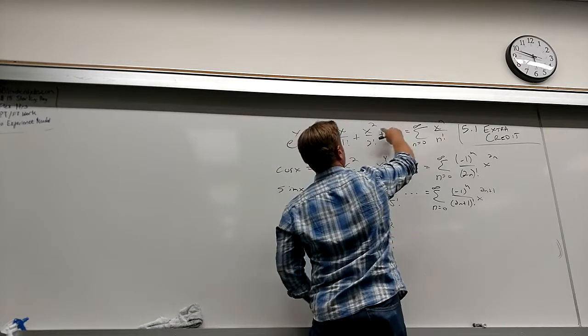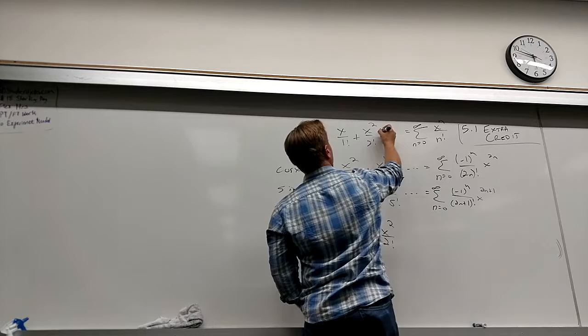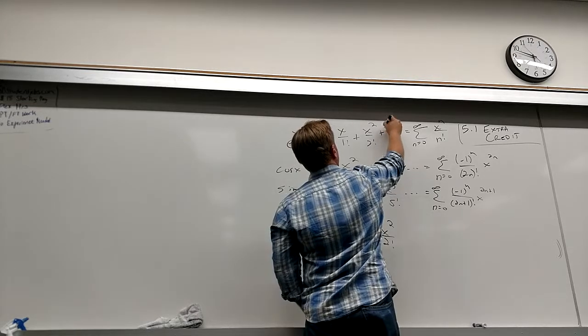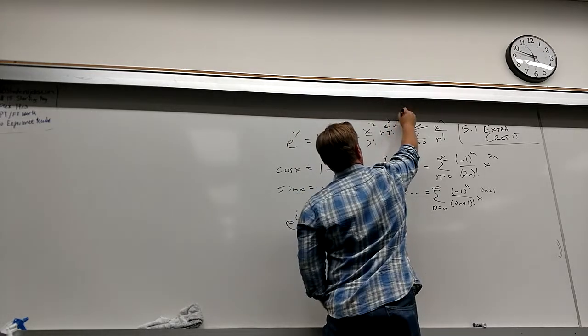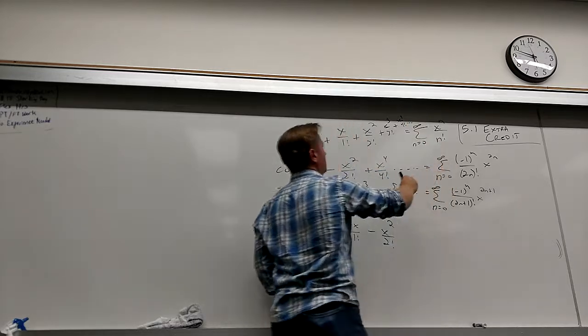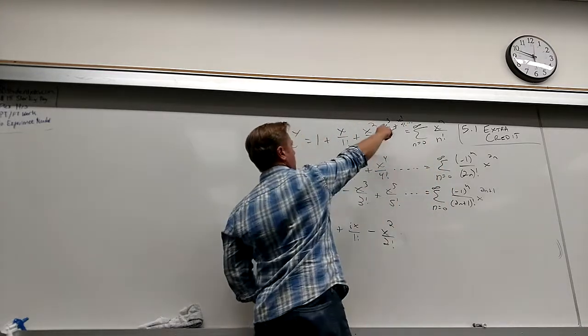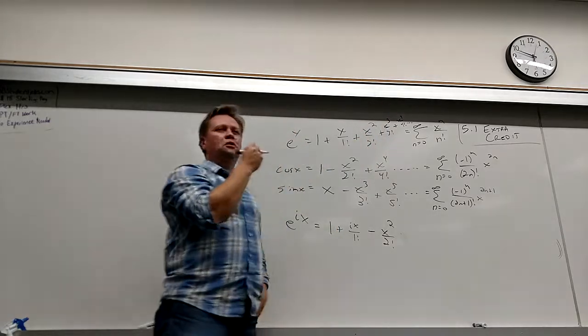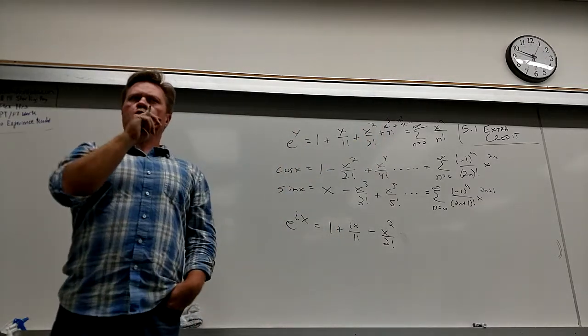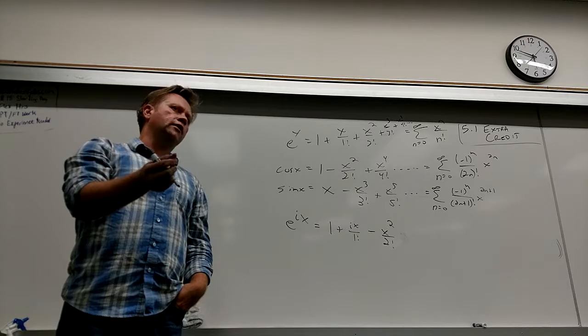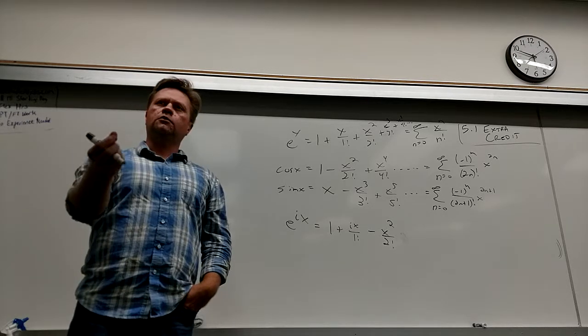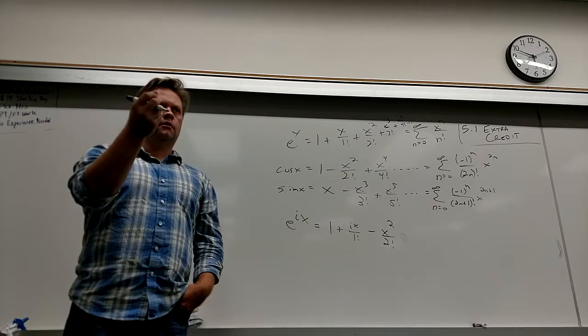Let's do a few more here. Plus x cubed over 3 factorial plus x to the 4th over 4 factorial. So this would be plus, now actually, what is ix cubed? What's i cubed? Well, if i squared is negative 1, i cubed is times 1 more i, which is negative i.